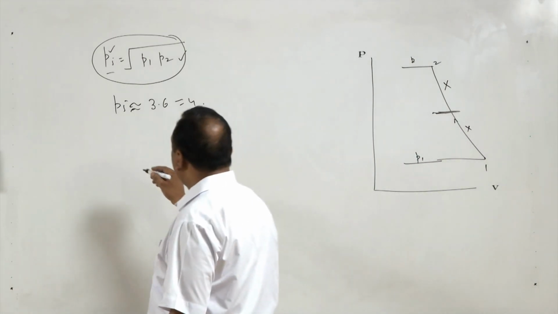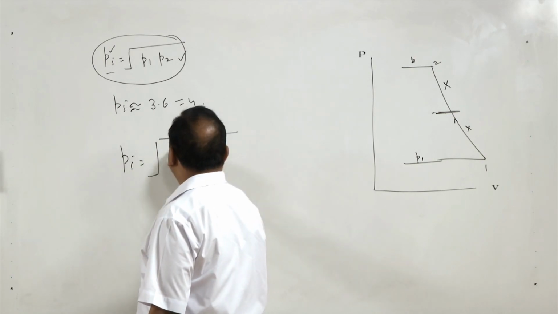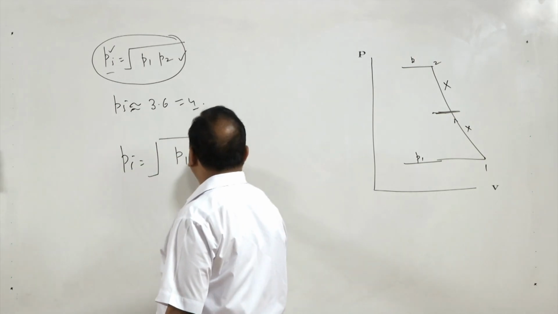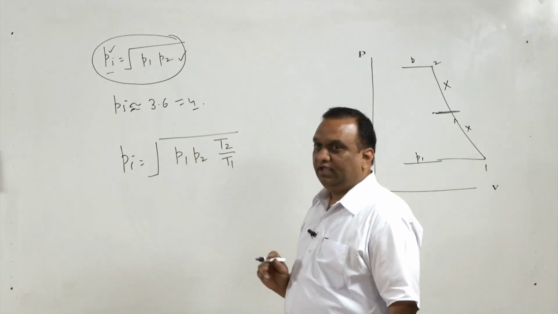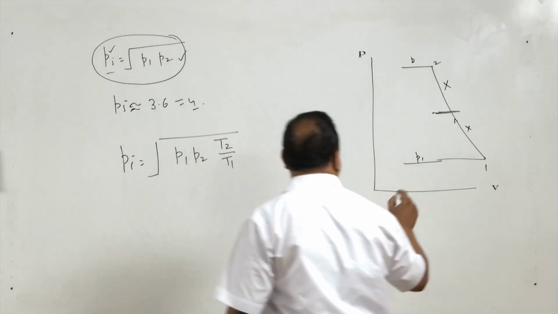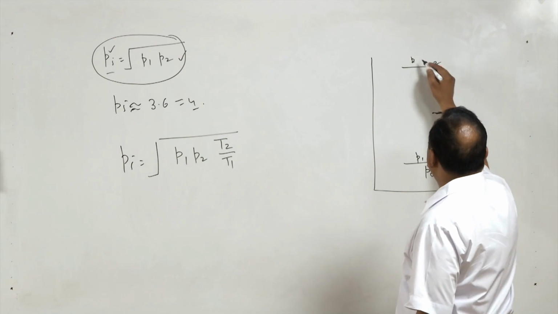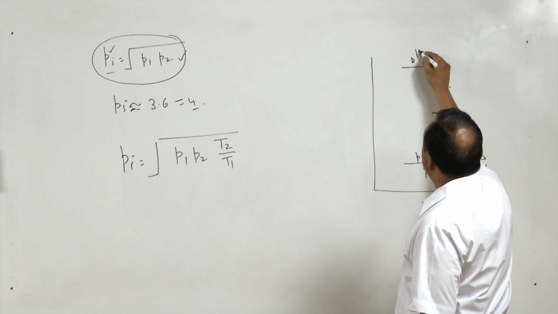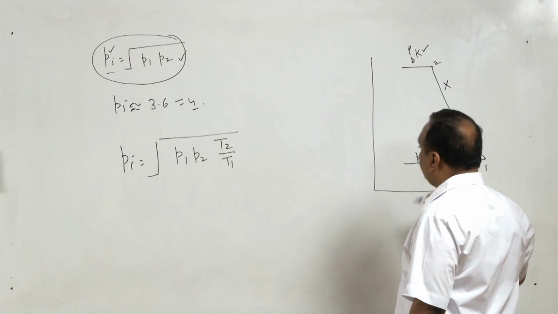So in order to reduce this gap, investigators have suggested that instead of taking the square root of P1 P2, we should multiply this with T2 by T1. In some of the books, P1 is taken as PO, the pressure of the evaporator, and P2 is the pressure of the condenser, PK. Subscript K for condenser, O for evaporator.